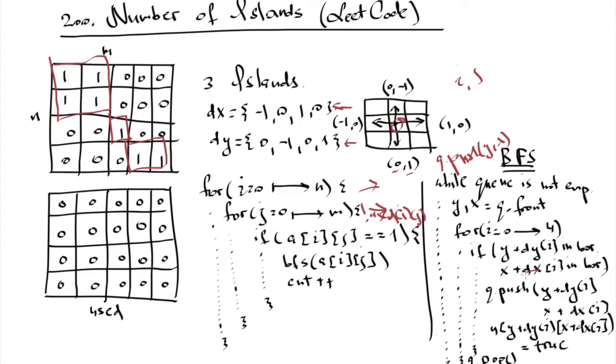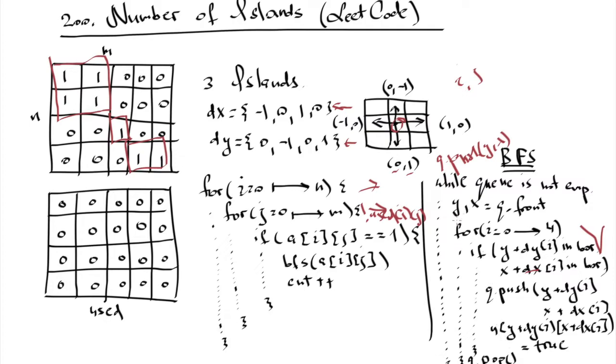Also, if it's not used yet, so you have to add more conditions here. Then we push that coordinate to our queue and say that that coordinate will be used. And after that, at the end, we pop the element from the queue. We delete the frontal element from the queue.